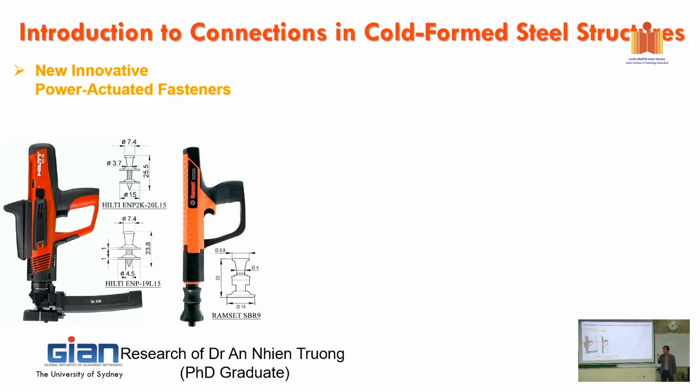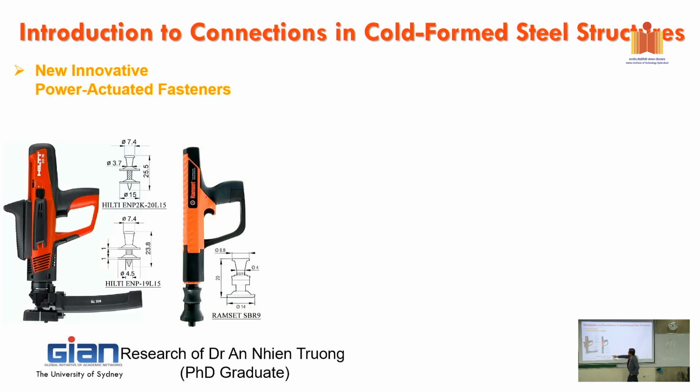The diameter is 4.5 millimeter, quite thick, and short like this one, and it's very powerful. It can be shot into 20 millimeter thickness of steel easily. They can go and embed it in that one. So I show you here two types of guns that we tested in Australia.